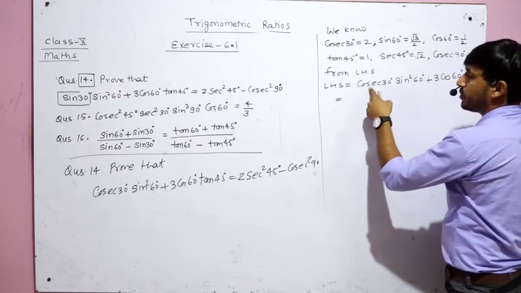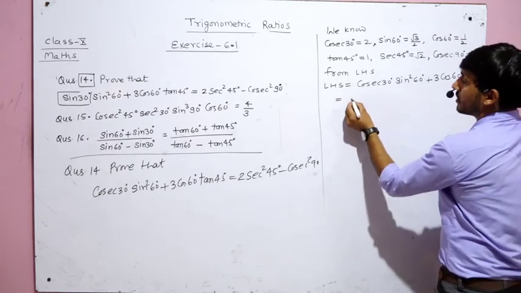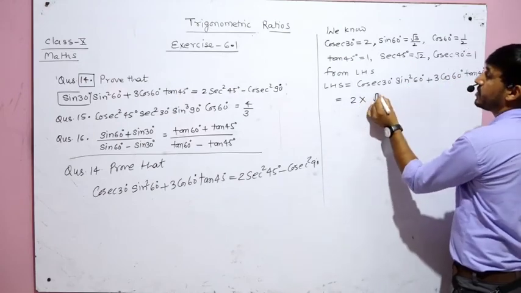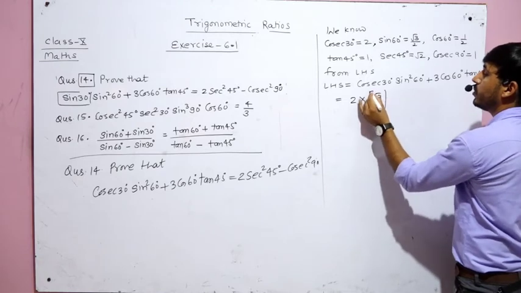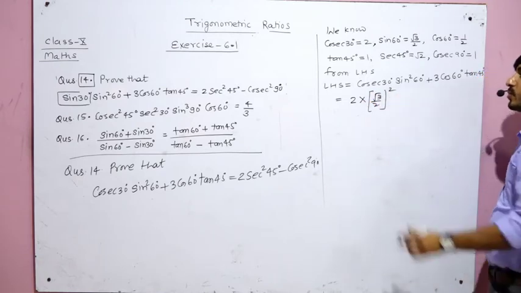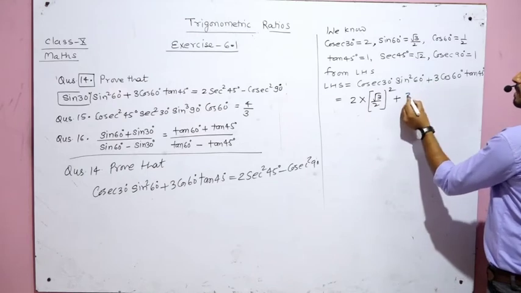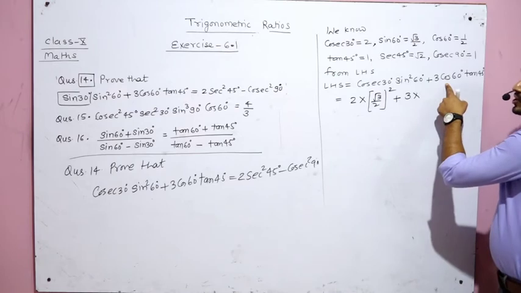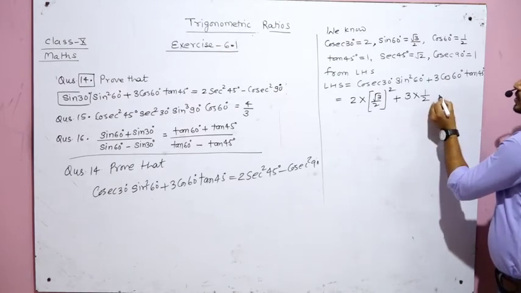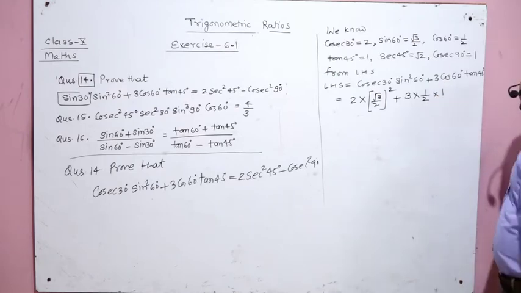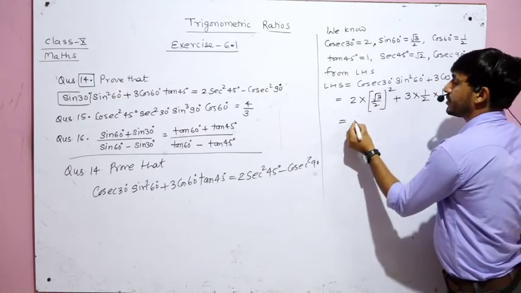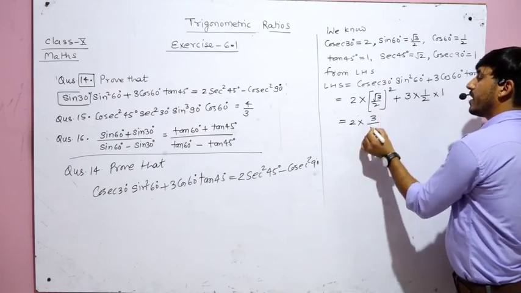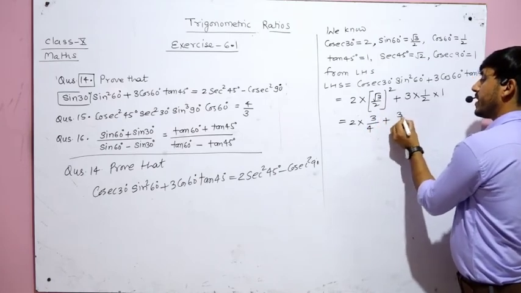Substituting all the values: cosec 30 is 2, multiplied by the square of root 3 by 2, plus 3 into cos 60 degree, which is 1 by 2, and tan 45 degree is 1. Solving this: 2 into the square of root 3, that is 3, over 2 square, that is 4, plus 3 by 2.